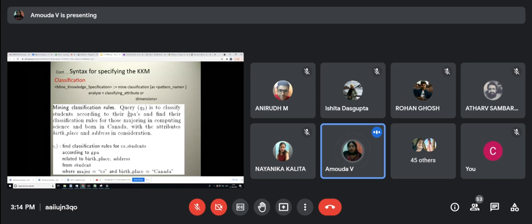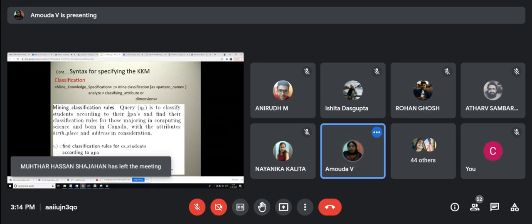But which student you want to choose for this classification? Computer science students. Which country you want to take? Canada. This is the condition, nothing more than that. All attributes given in the student table need to be taken. Attributes, birthplace, address is taken and classify the students, only those born in Canada, only from computer science, according to the GPA.